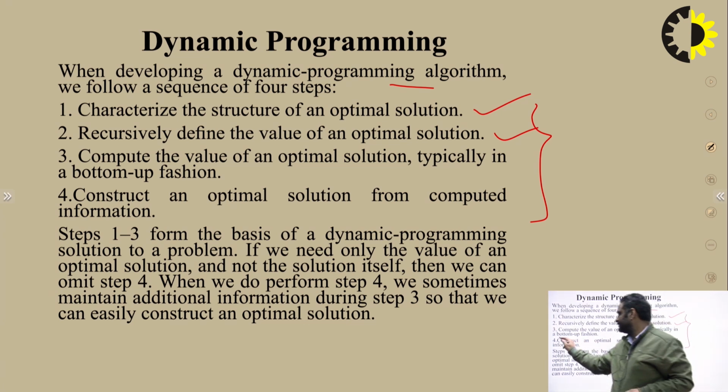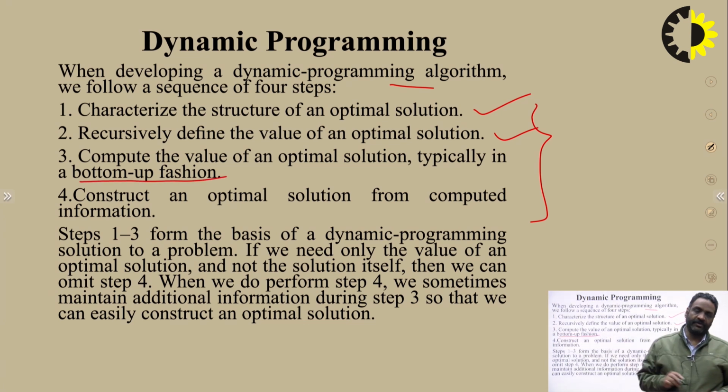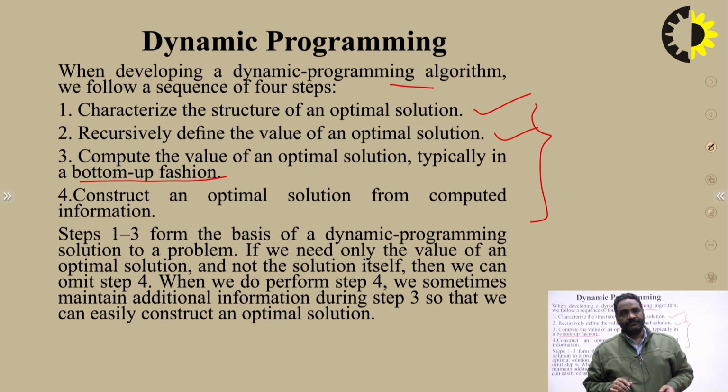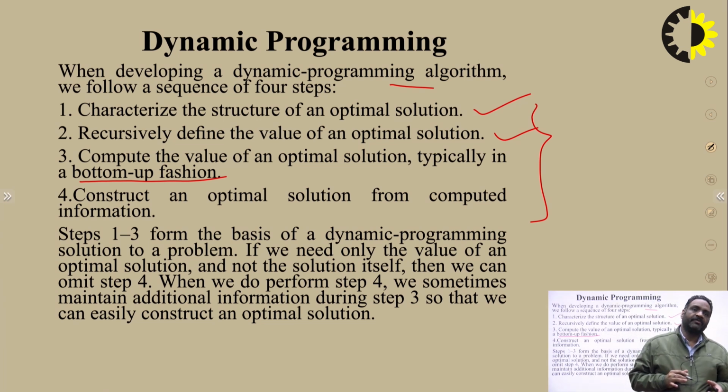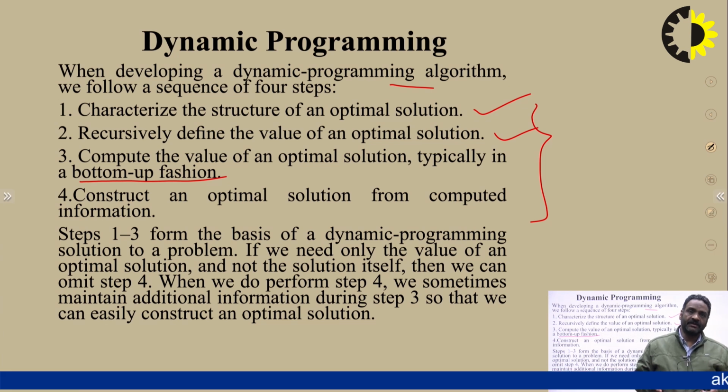in a bottom-up fashion. I already told you that we first divide the given problem into subproblems, and after dividing, we find the solutions of each subproblem. When we find the solution of each subproblem, then we merge these solutions to give the required solution.